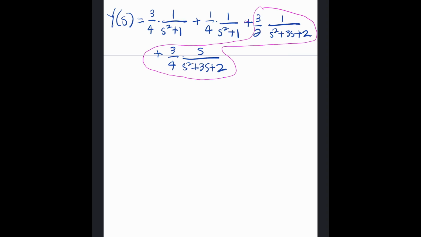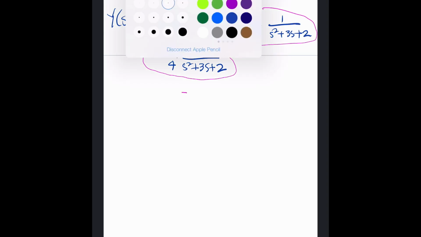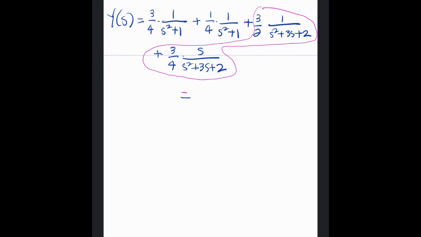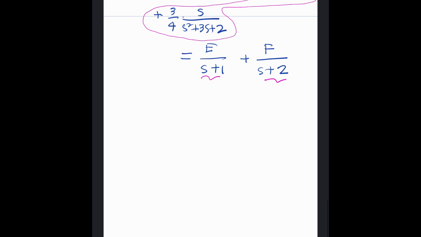So for the encircled equation, we have to equate this actually to e over s plus 1 plus f over s plus 2. So, emphasizing that s plus 1 and s plus 2 are distinct factors.